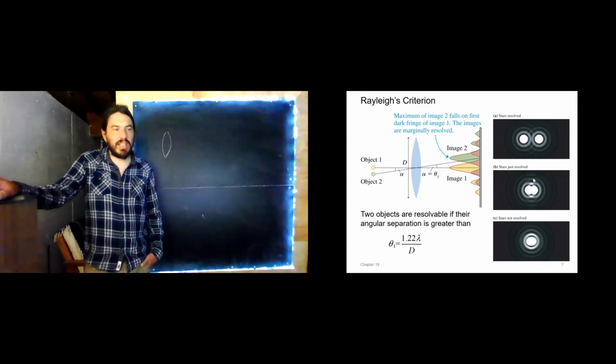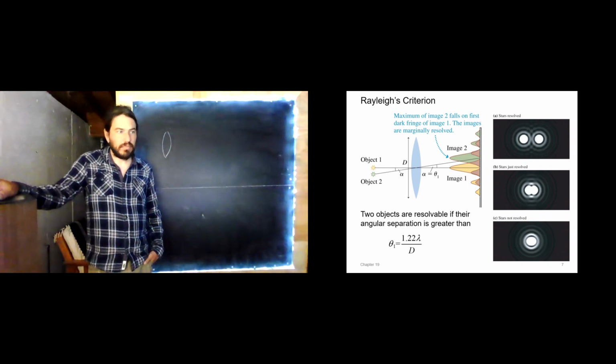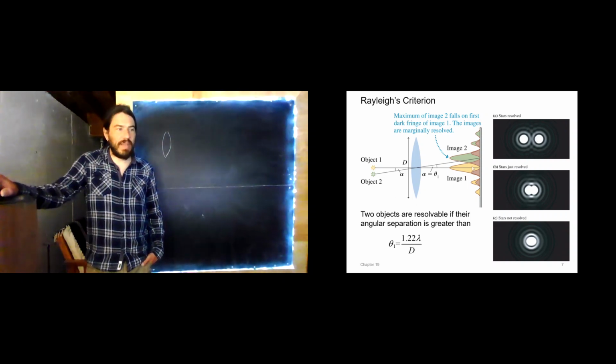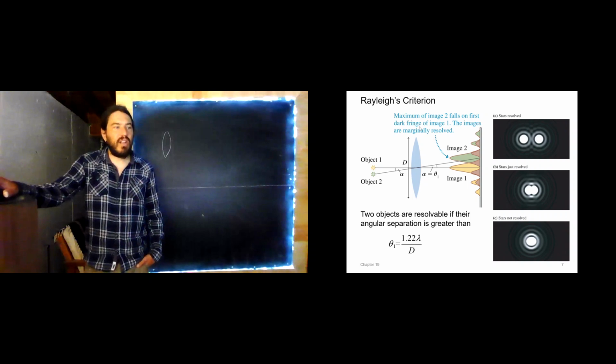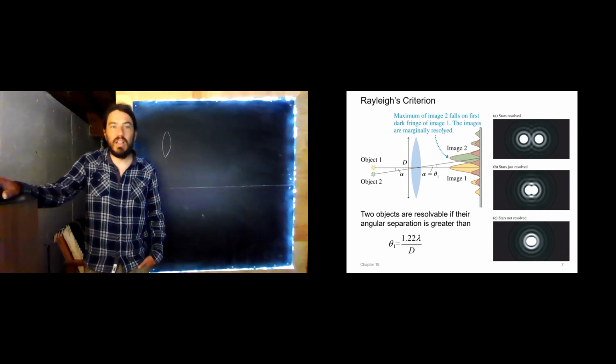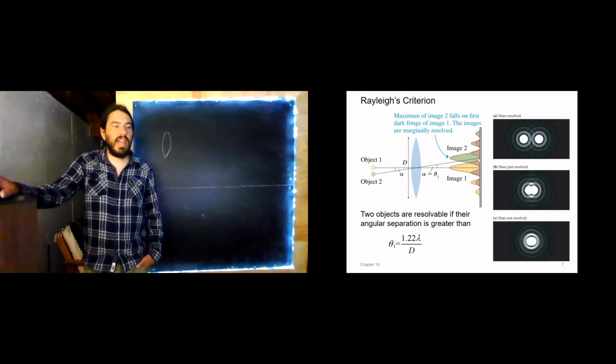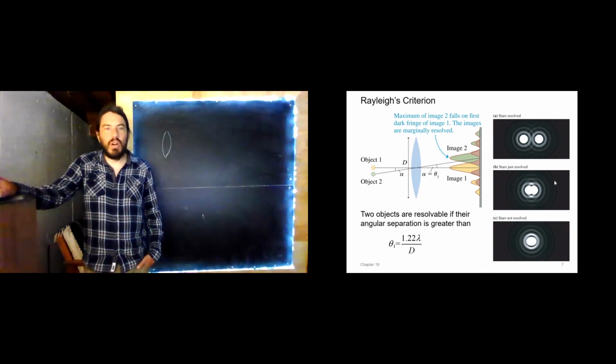Here we can just barely tell that there are two stars, and here we actually see an image of both stars. And so we can do a little bit of mathematics, and we can say, okay, as long as the bright spot of image 2 falls on the first dark fringe of image 1, then we ought to be able to resolve those stars.